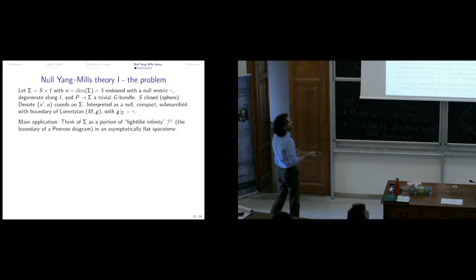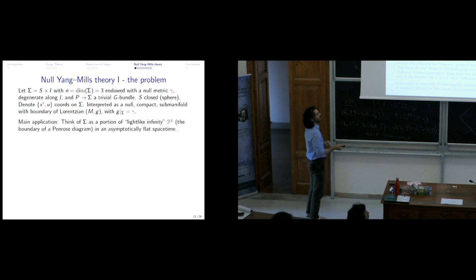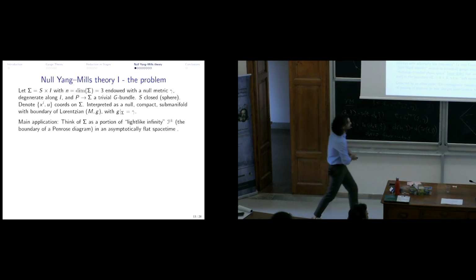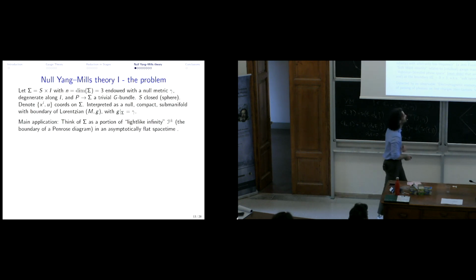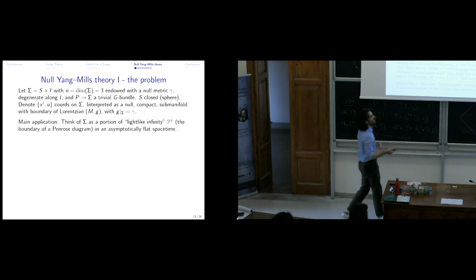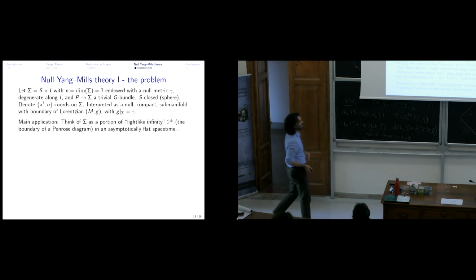The main application, in fact, is that sigma should be a portion of what is typically called light-like infinity. So this is a null direction in this Penrose type diagram, and I'm looking at sigma as a portion of it.